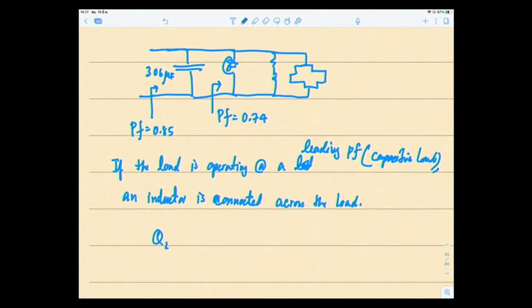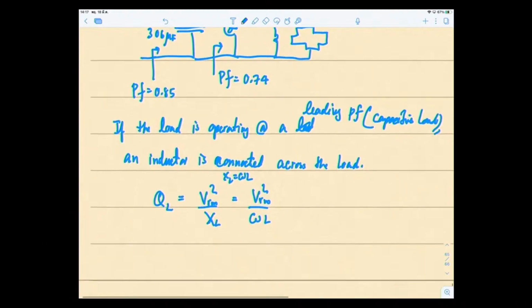Your QL is equal to VRMS squared over XL, and XL is omega L. So your inductor would be VRMS squared over omega QL.